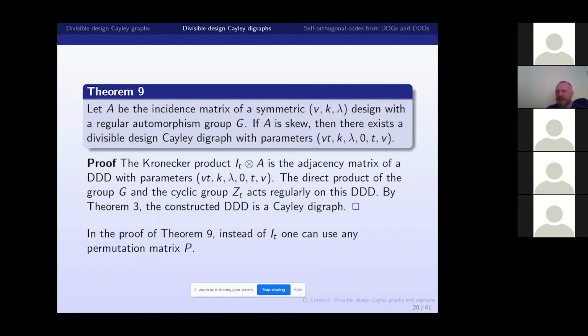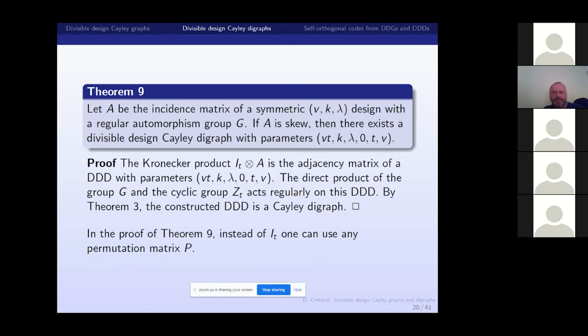Again, we just take a canonical product of the identity matrix and A, and this is an adjacency matrix of a DDD with these parameters. Then we just have to conclude that we have a regular automorphism group, and it is obvious that the direct product of G and the cyclic group of order t acts regularly on that structure, so we conclude that this is a Cayley digraph.